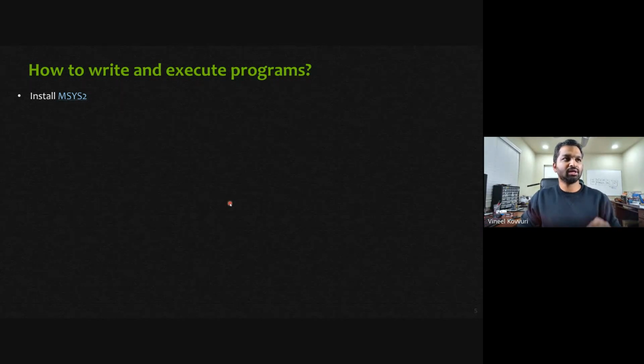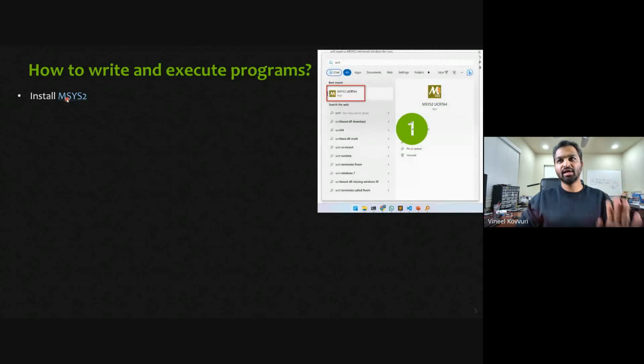Let's go through this slide. This is the link. Again, the slides will be shared on GitHub so that they are easily accessible. You click this link, which will take you to the executable where you can download the C compiler, and then you install it. Once you install it, you go to your start menu and type UCRT, Universal C Runtime.